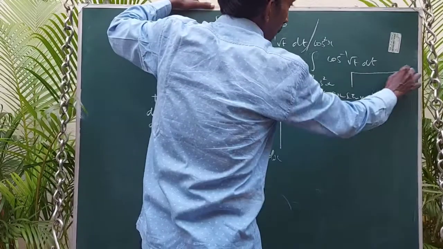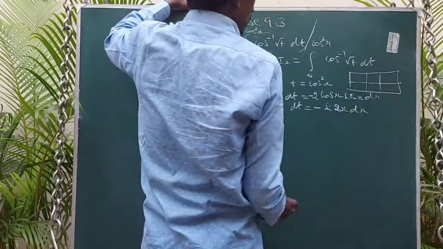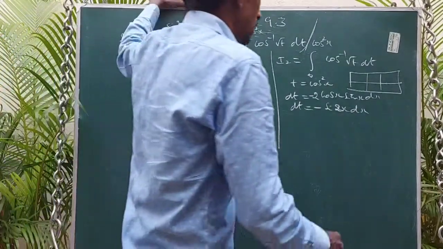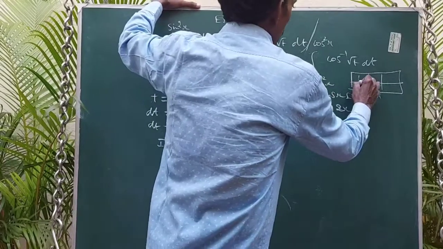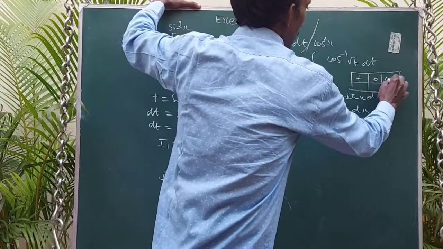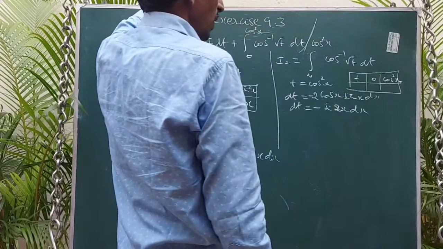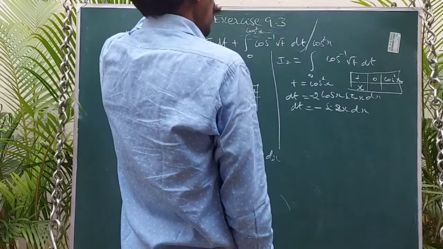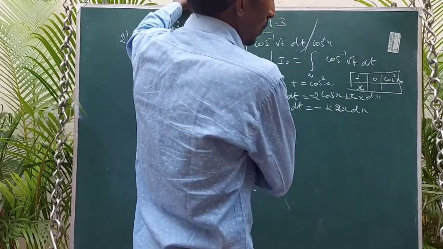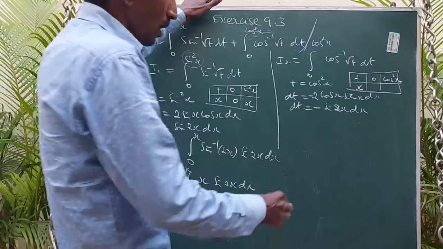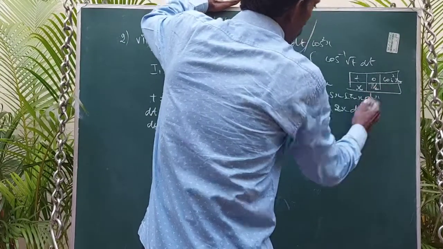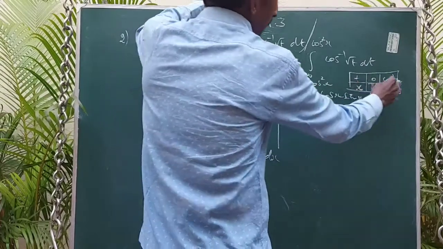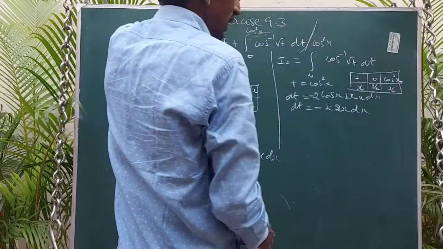So again, change of limit. Here x is cos inverse of root t. So t varies from 0 to cos square x, so x varies from pi by 2, and x equals cos inverse of root t, that is cos inverse of root of cos square x, which is x.